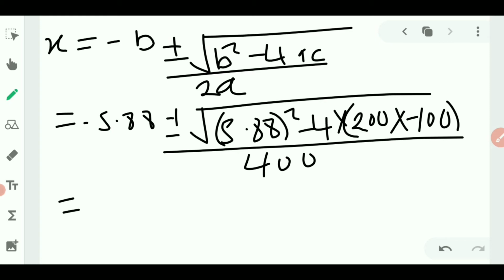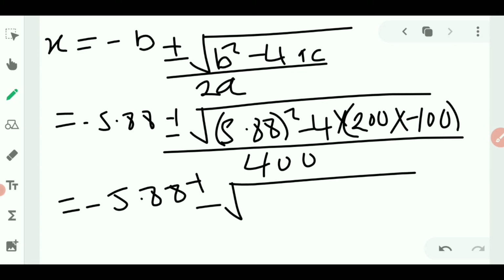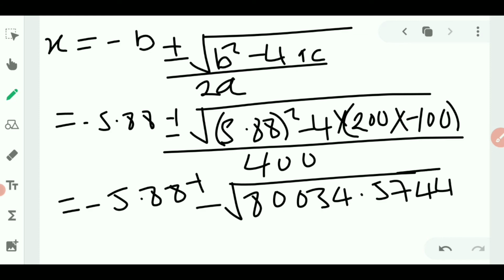Solving what is under the square root, we should get this value inside the square root. You don't round it off at this point. Make sure you do the rounding off at the end of the answer, the final answer.